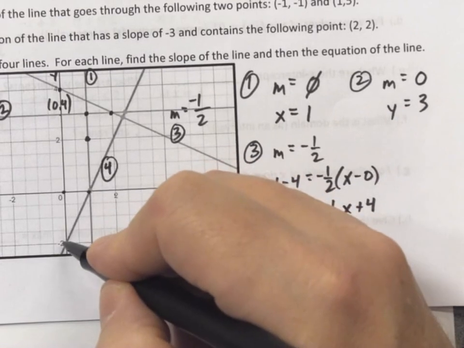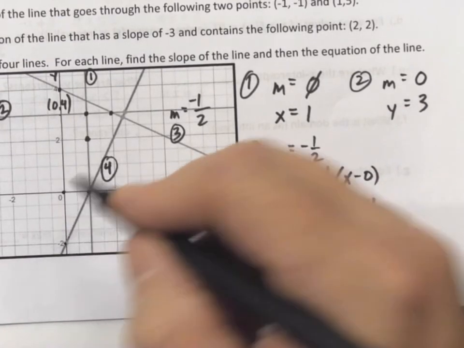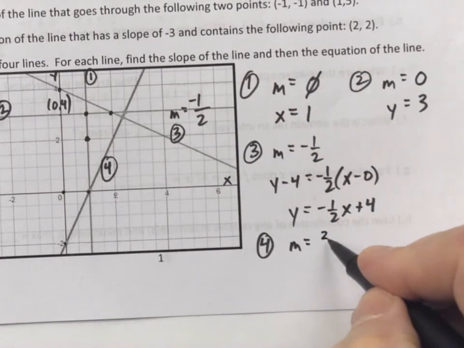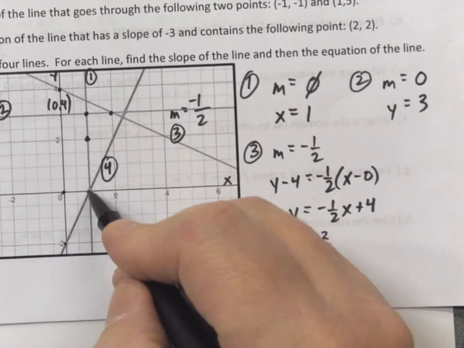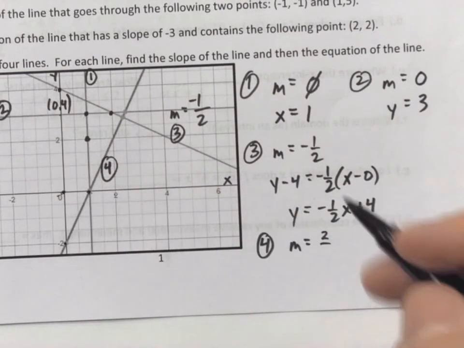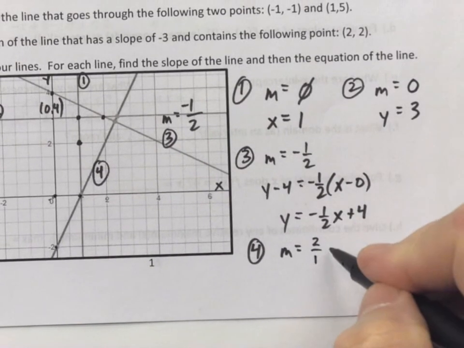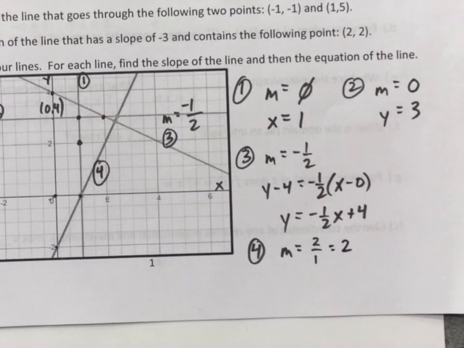So rise over run, here to here is 2. So a rise of 2. And then a run horizontally, I move 1. So the slope should be 2 over 1. So we just say it's 2.